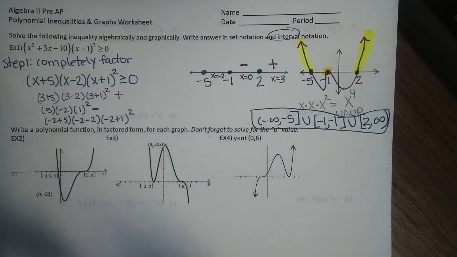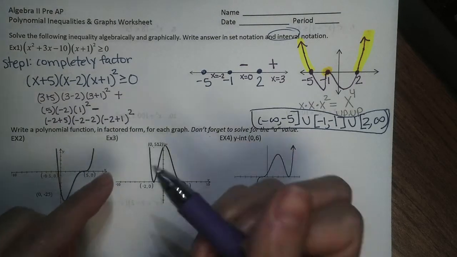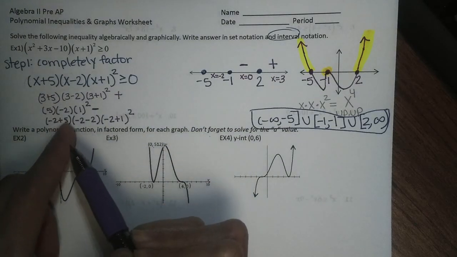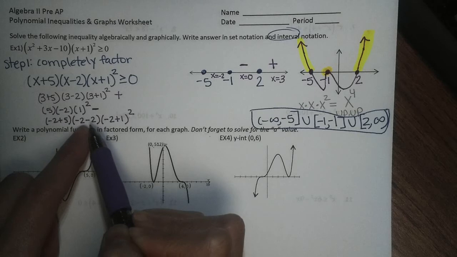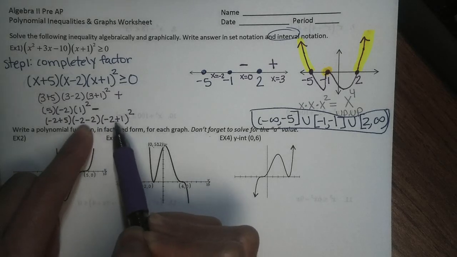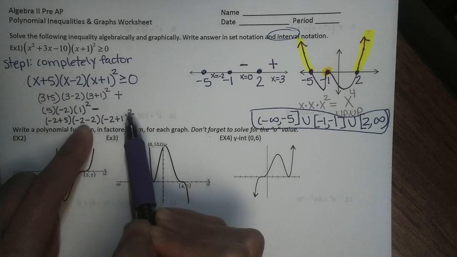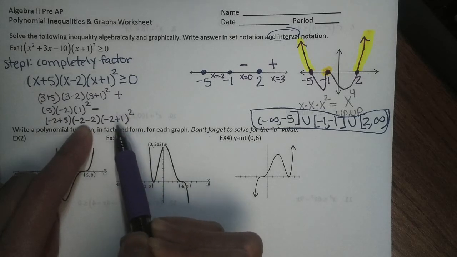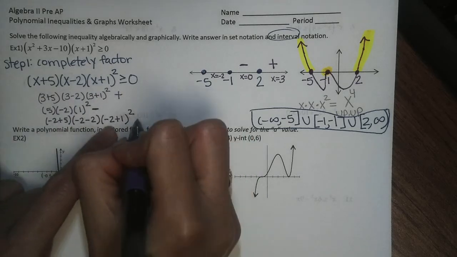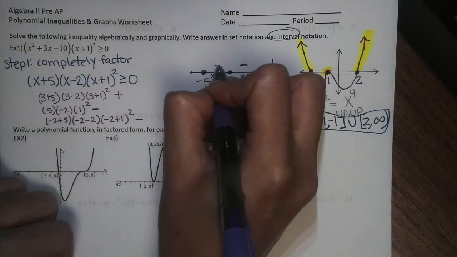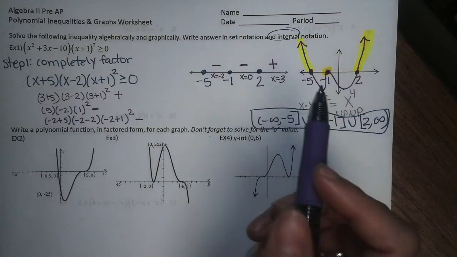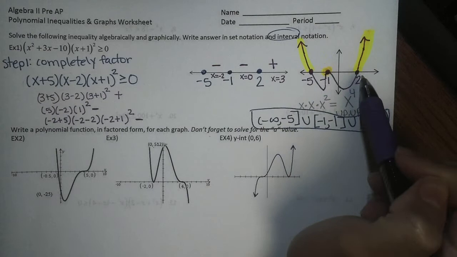And we want to know whether this will be a positive or a negative term. -2 plus 5 is positive 3 times a -4 times, this is a -1, but it's being squared, so it's going to become a positive. So I have 3 times -4 times 1. That's a negative term. So negative. Definitely way more work, and there's more chances of you making a mistake. So stick with the graphing. Solve by graphing.